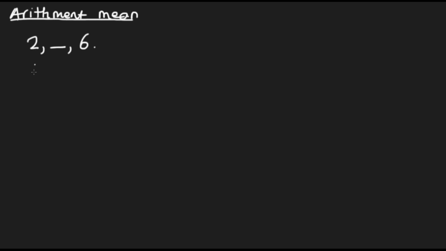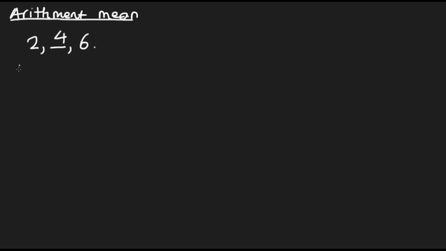So 2 plus 6 will give us 8. Then 8 divided by 2 will give us 4. So 4 is the number in between. That's what you are supposed to do if you are solving for an arithmetic mean: you add the 2 given numbers, then you average.